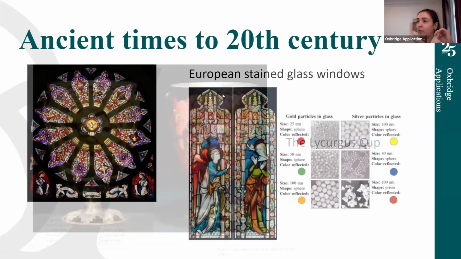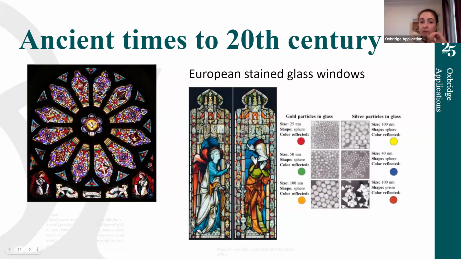So moving forward then to the Middle Ages, we are all familiar with the amazing works in European stained glass in cathedrals and churches and so on. Stained glass windows are actually another example of the use of nanoscale particles.